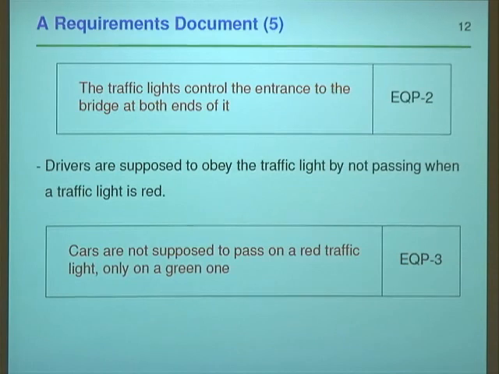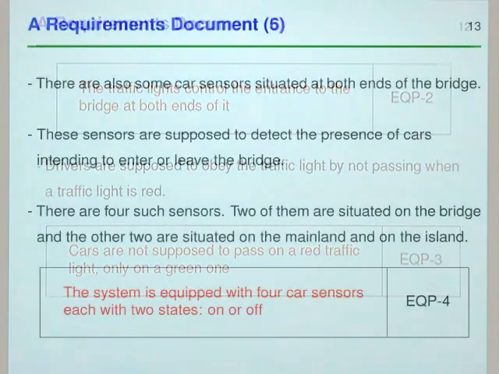So this is an assumption which makes very clear under which case we consider that the system will be correct. Okay, so cars are not supposed to pass on a red traffic light, only on a green one. So this is an assumption.